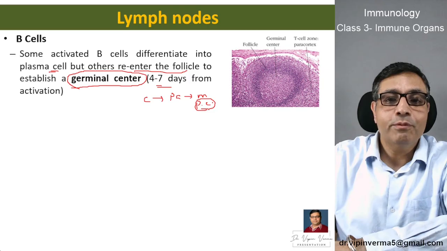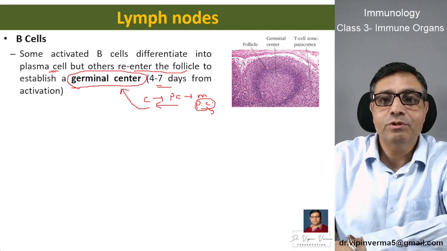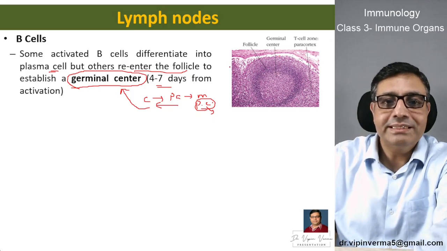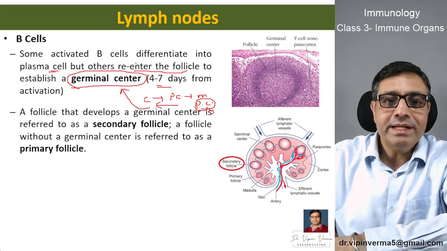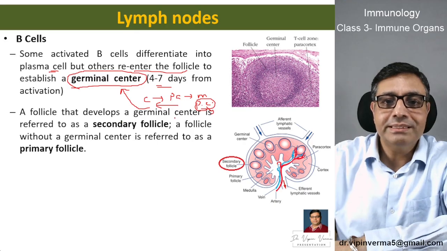From there they can exit. But some cells will go to the cortical region, and in the follicular region they will maintain a center, which is the germinal center. Here you can see this is the follicle, and within the follicle there is a germinal center. A follicle that develops a germinal center is referred to as a secondary follicle.